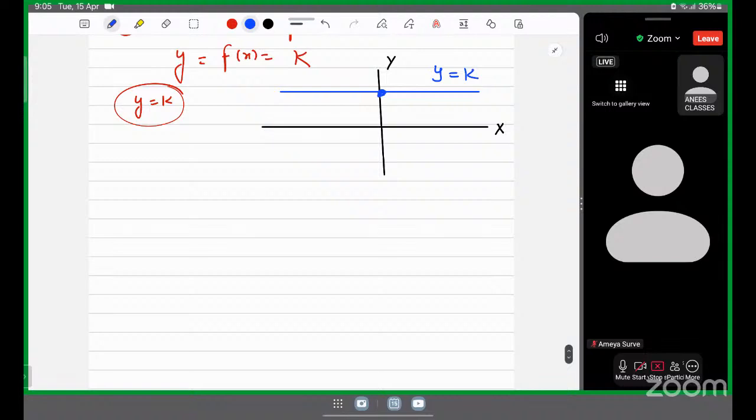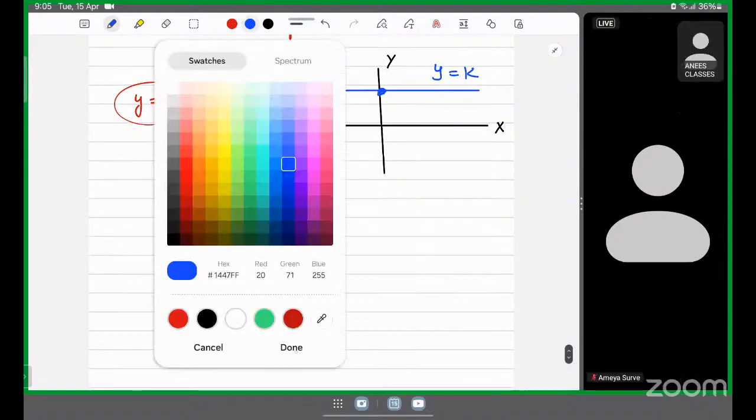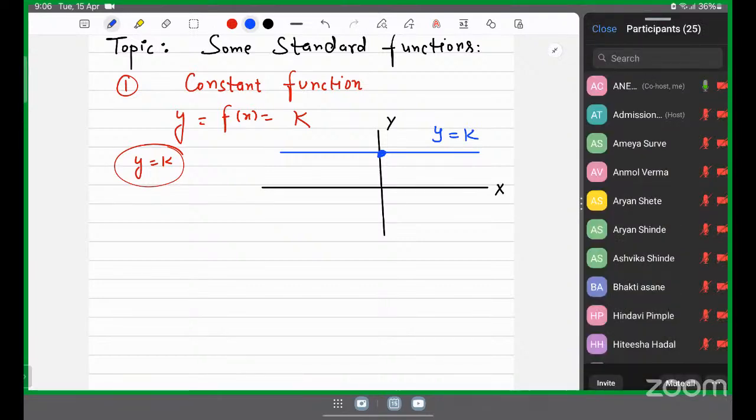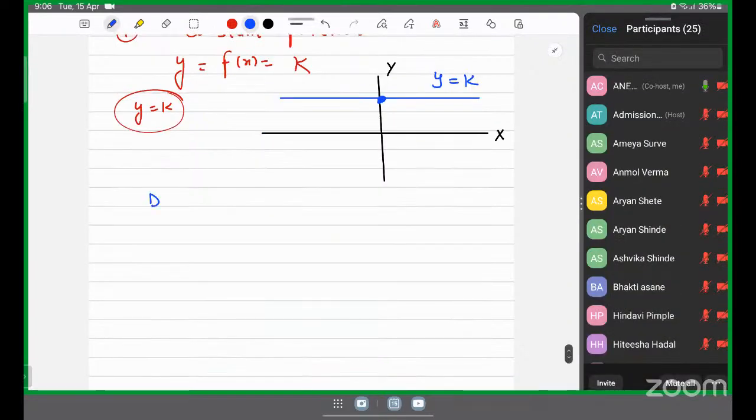So if you look at the graph, it can extend to infinity in both directions, positive direction of x-axis and negative direction of x-axis, which implies that the domain will be all possible real numbers, which means minus infinity to plus infinity.